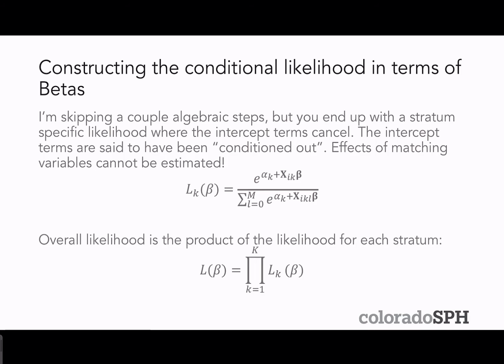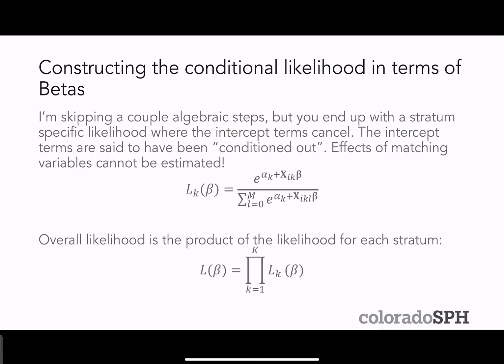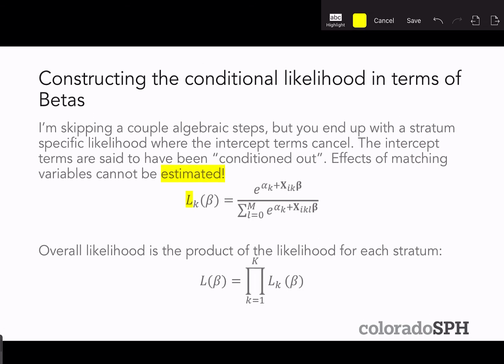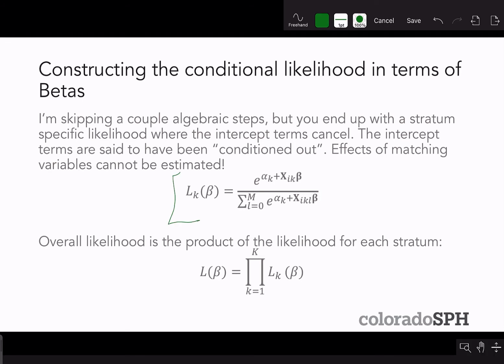And I skipped a couple algebraic steps to get here, but you can take that probability and plug it into what was on the previous slide and reduce and simplify that likelihood, and you'll end up with something that looks like this. And then you can actually take this e_k and simplify further by pulling this out of the sum.